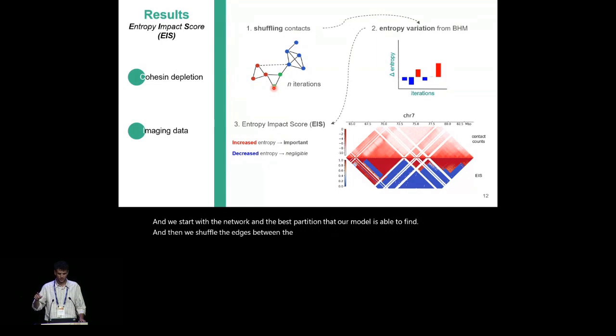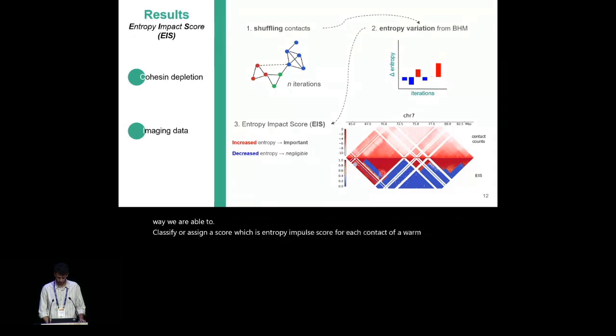In this way, we can compute the difference in entropy before and after the edge move. When the entropy increases, it means that the contact, the edge, is important to define the structure. When the entropy is the same or lower, it means that the contact is not so important for defining the structure. In this way, we are able to assign a score, the entropy impact score, to each contact of our map.